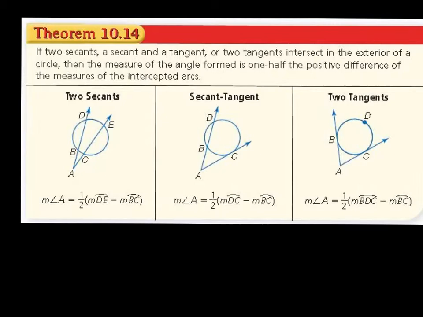To get the positive difference, I like to call the big arc A and the small arc B, because then we can always say x equals (A minus B) divided by 2, and that works for every one of these diagrams. If you get a negative, it means you subtracted small minus big; otherwise, big minus small divided by 2 is our formula every time.